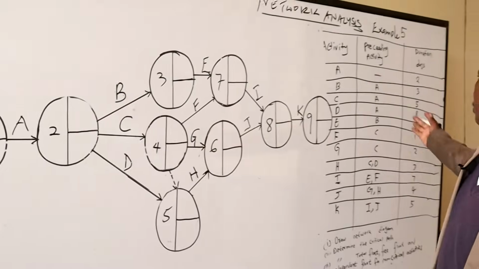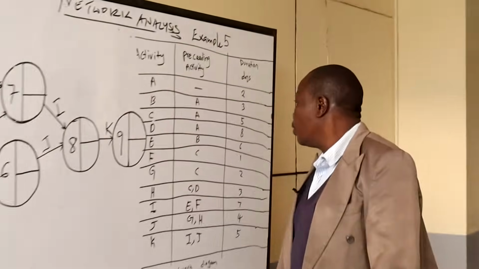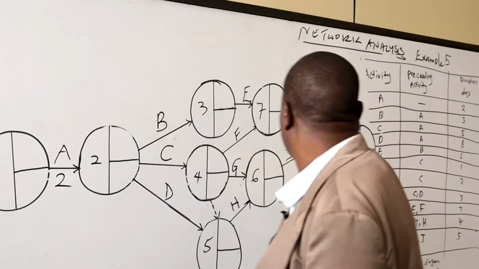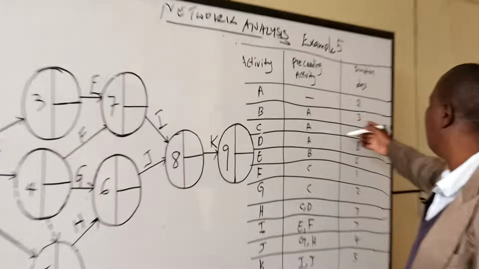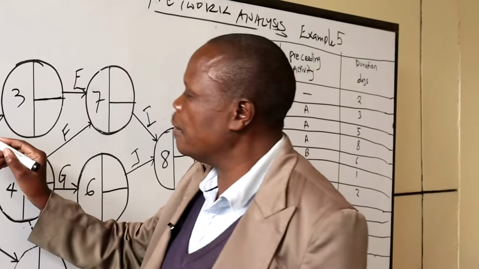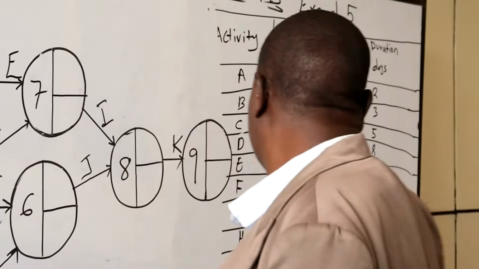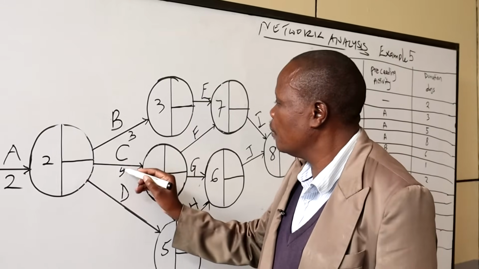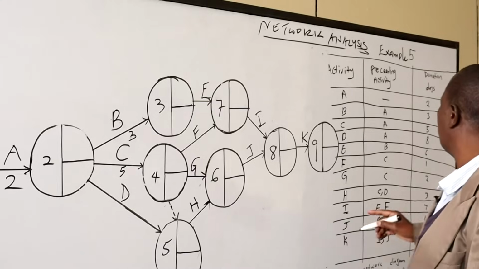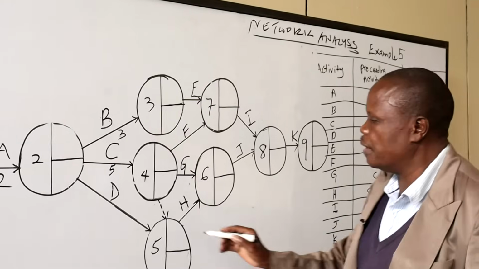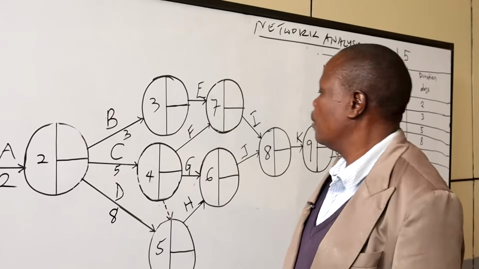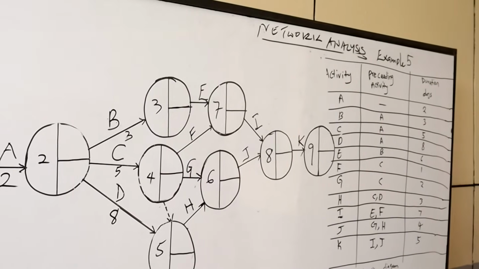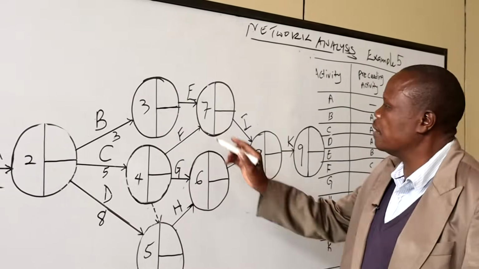The durations were in days. So activity A takes 2 days according to the information given. Activity B takes 3 days. Activity C takes 5 days. Activity D takes 8 days. Activity E takes 6 days.